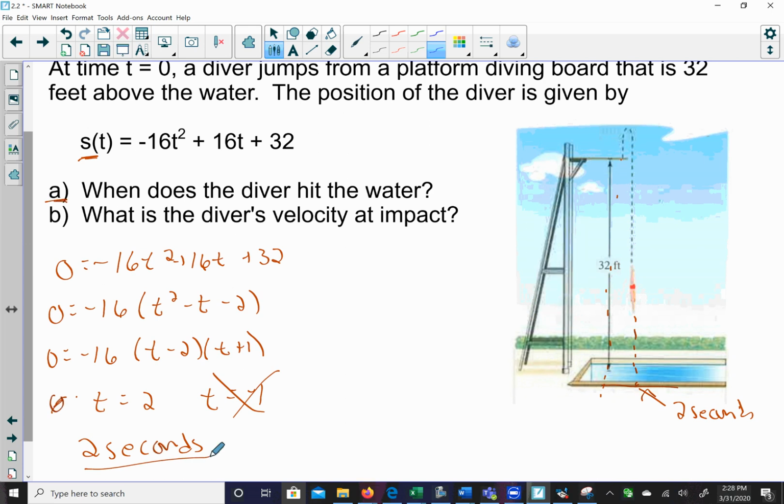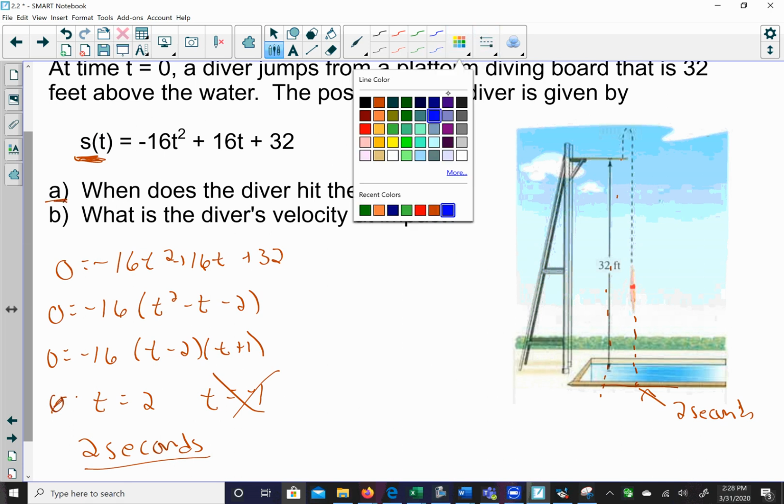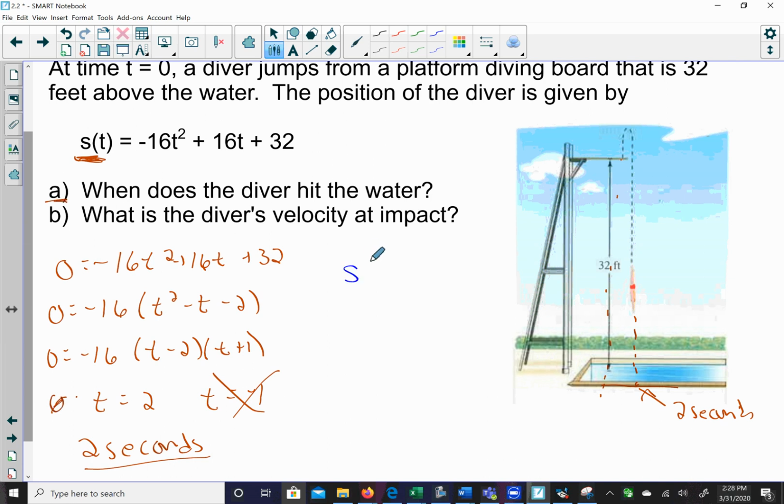The second part of the question says, what is the diver's velocity at impact? So I need to find the velocity, which means I need to find the first derivative of this. Finding the first derivative, I'm going to do 2 times negative 16.